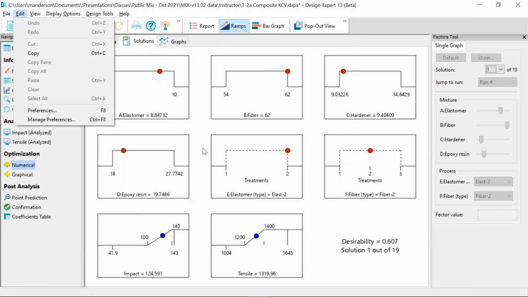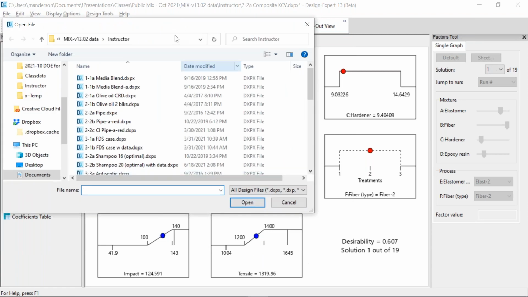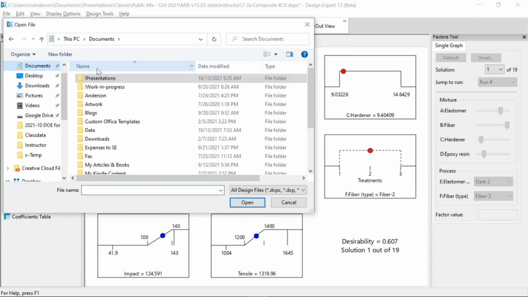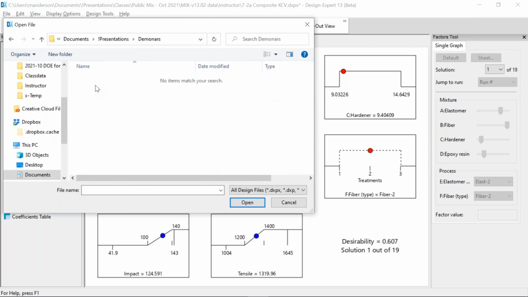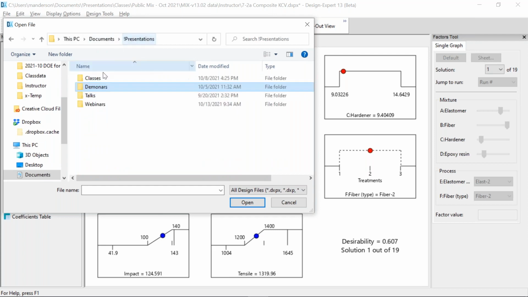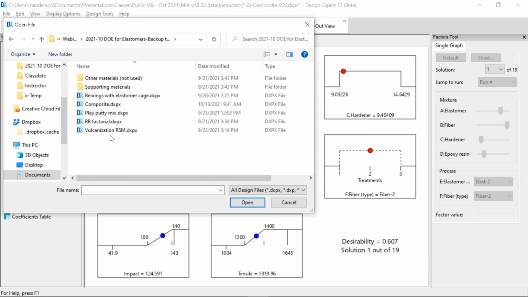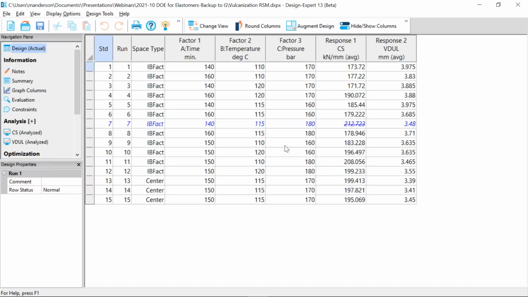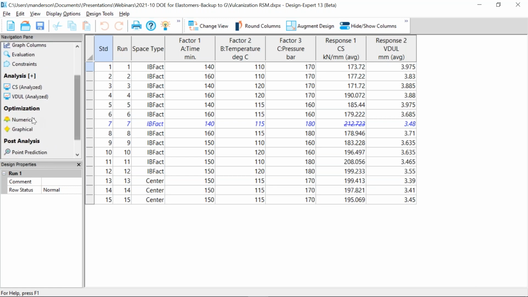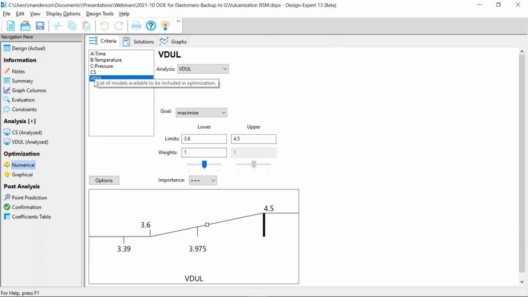So if we were to go back to one of these studies here, let's see if I can find something that shows that sweet spot. Let's go to the vulcanization one, open that up again. And in the end on that one, we were able to see a numeric optimization for the two strength attributes.